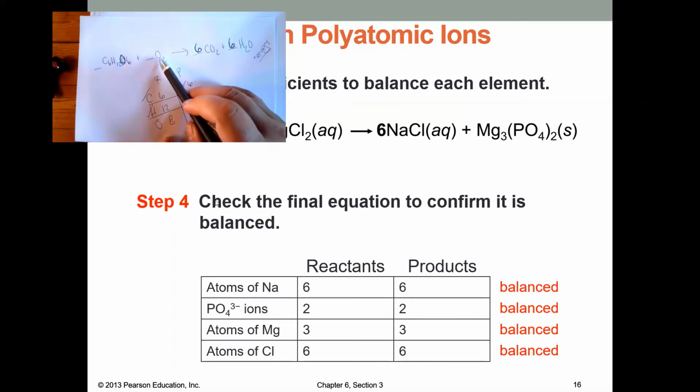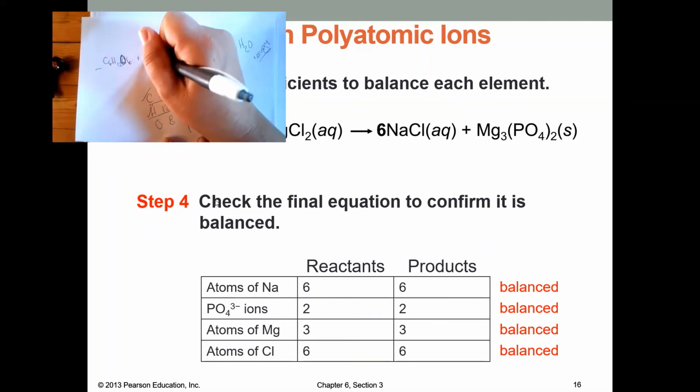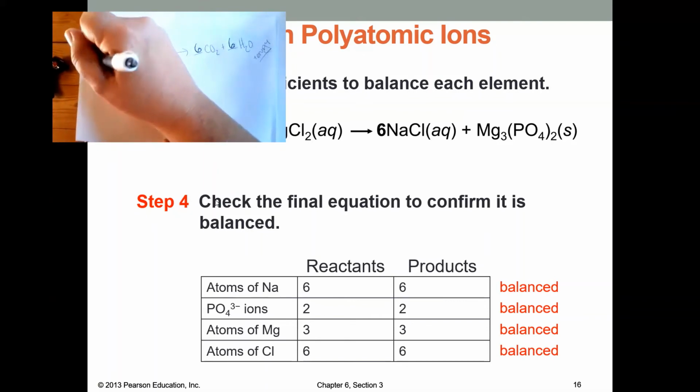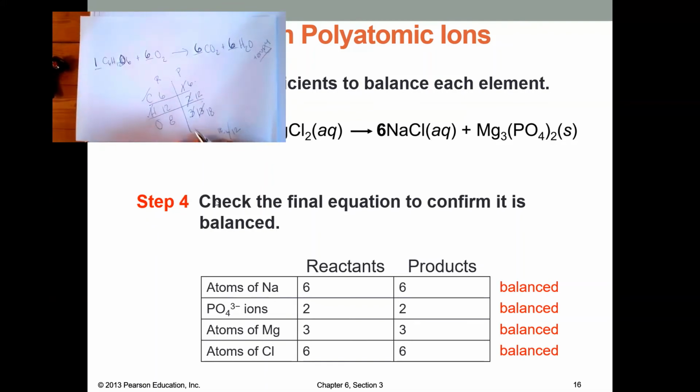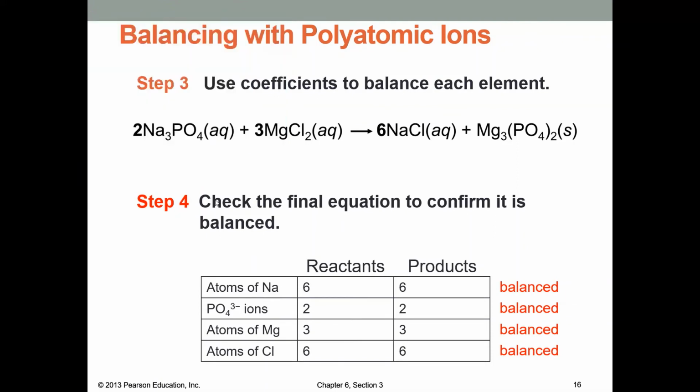So now I have to have 12 oxygens accounted for in this molecule. Well, 12 divided by 2 gives you 6. So I have my 1 out in front. Now I double check my oxygens here: 6 plus 12, I now have 18, and we're completely balanced. So I just want you to feel comfortable going through and trying to balance some of these chemical reactions, okay?